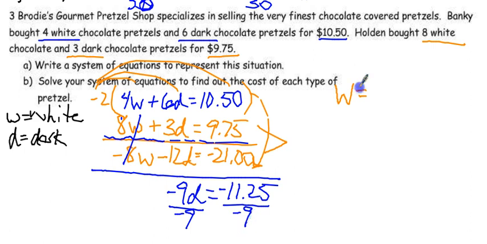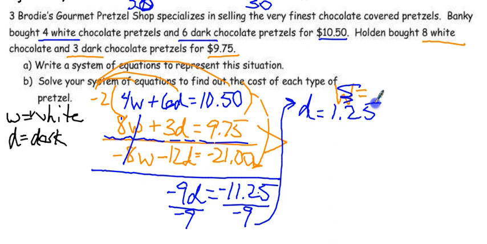So, we come back up here. D equals 11.25 divided by 9 will give you a total of $1.25 for the dark. Okay? Now to find the white, I'm going to take that D and I'm going to plug it in to one of these equations.